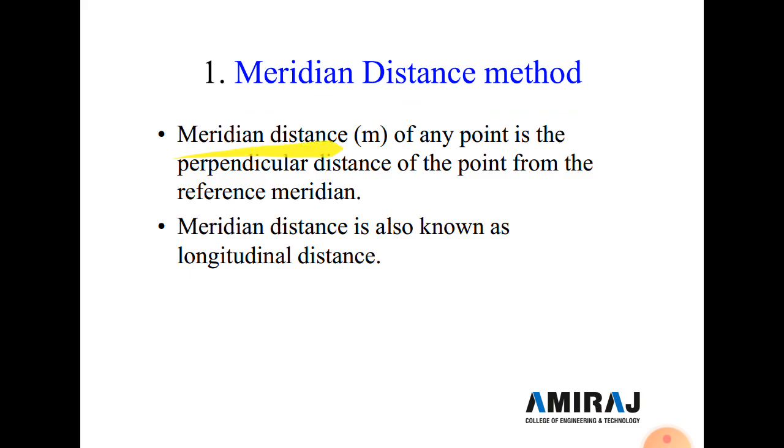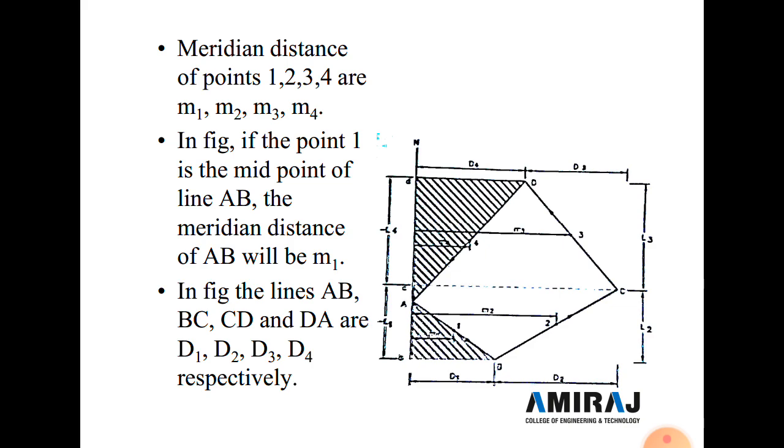The meridian distance M of any point is the distance of the point from the reference meridian, and the meridian distance is also known as the longitudinal distance. The meridian distances of points 1, 2, 3 and 4 are M1, M2, M3 and M4.